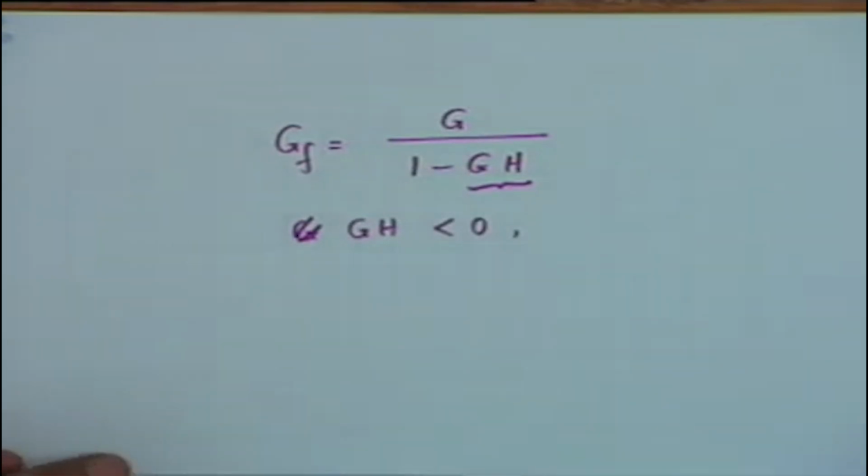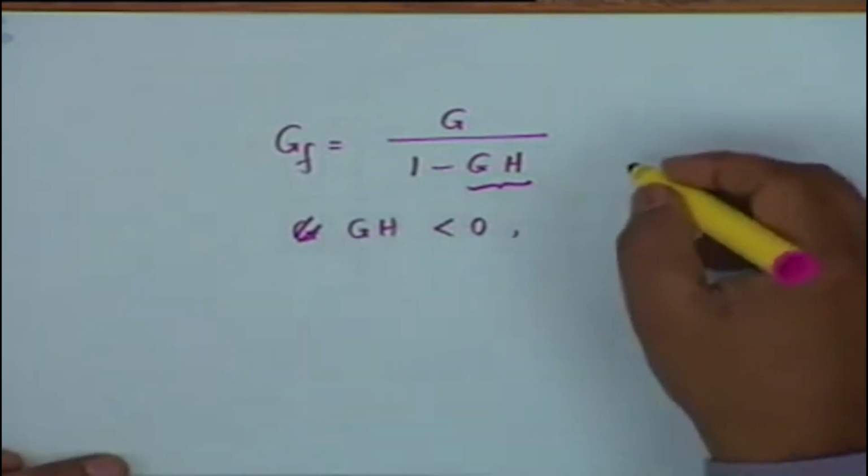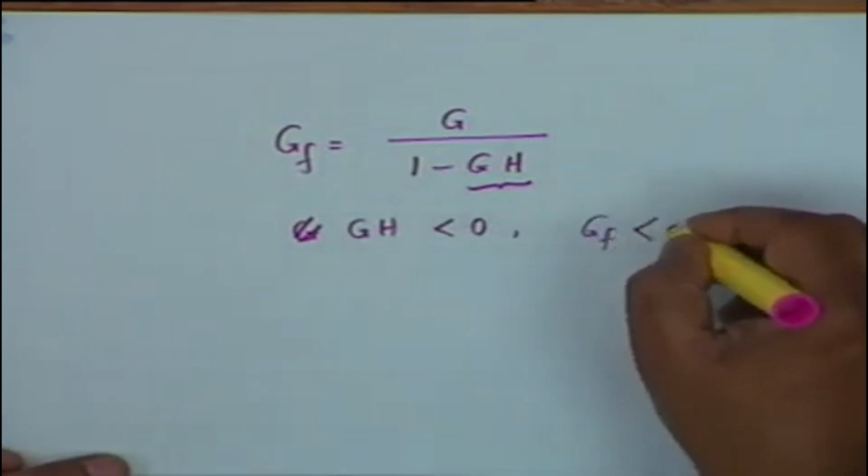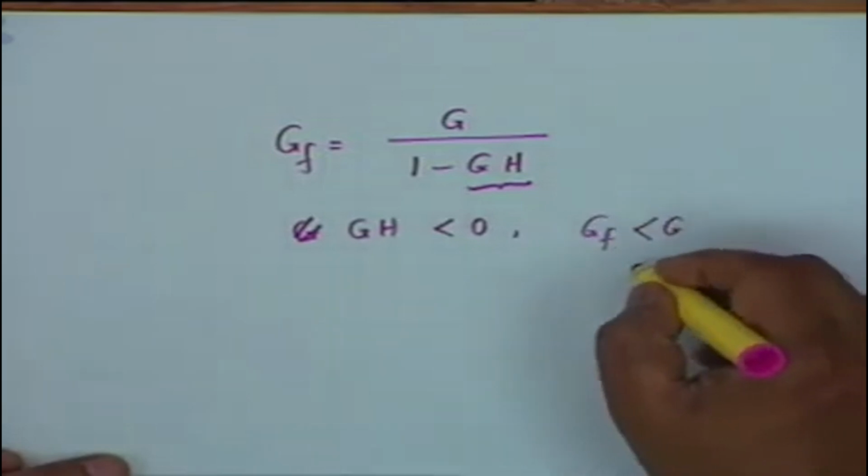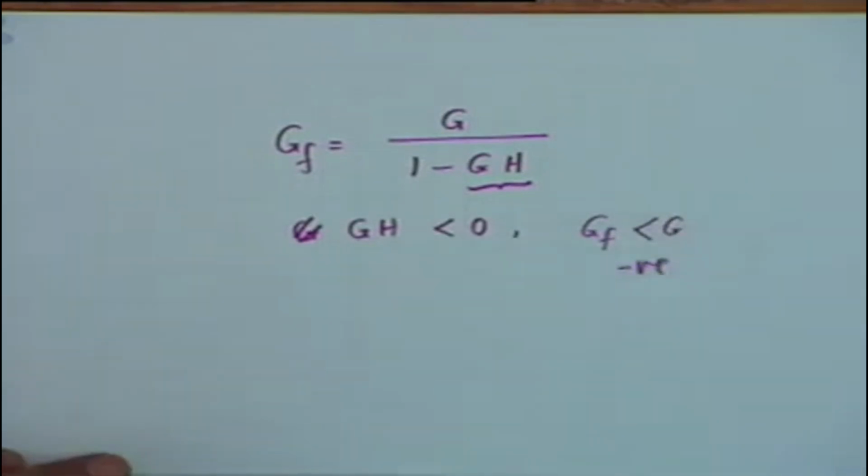Then obviously, if G and H are real, Gf shall be less than G, and the feedback shall be negative feedback, because the gain is reduced.